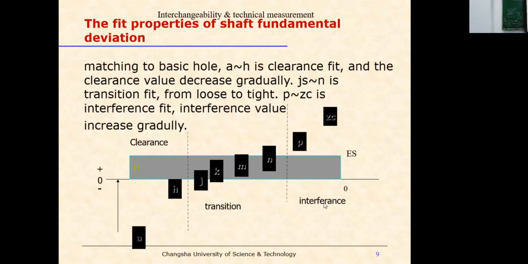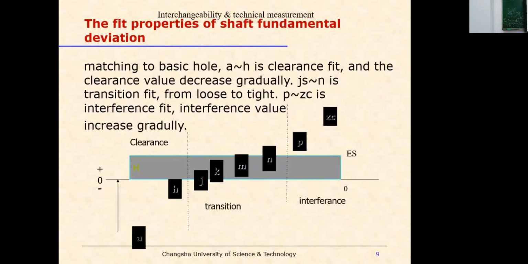And then there's interference. Only for the H, yes. The H is fixed only for the H. This is the whole basis.